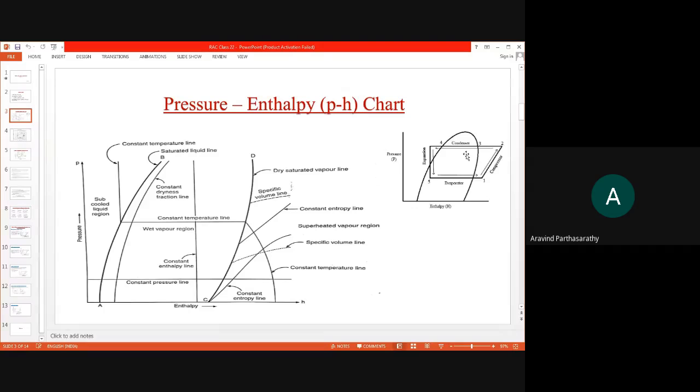So when you get a problem, you first have to find out where the state points 1, 2, 3, 4, 5 are situated.